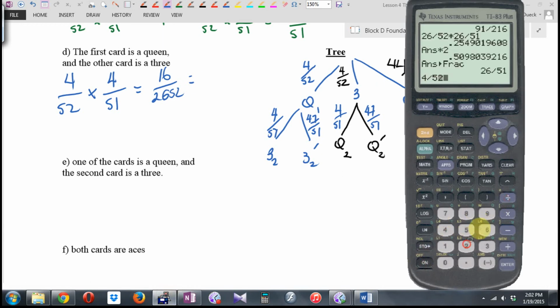Four out of 52 times 4 out of 51. Is it 4 out of 663? Yes.